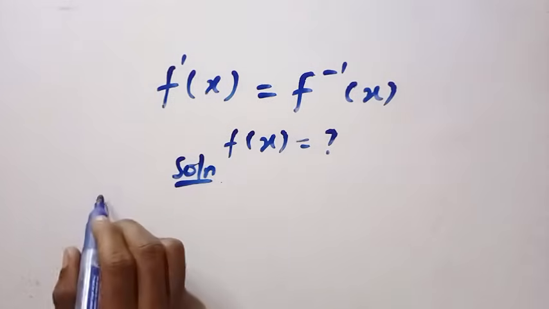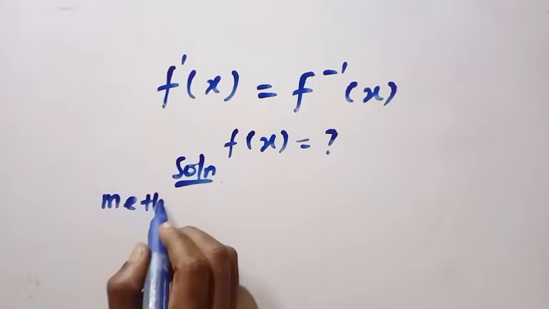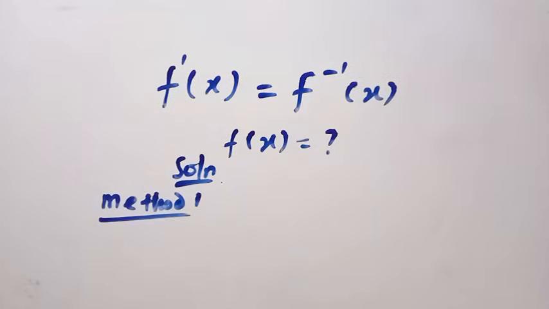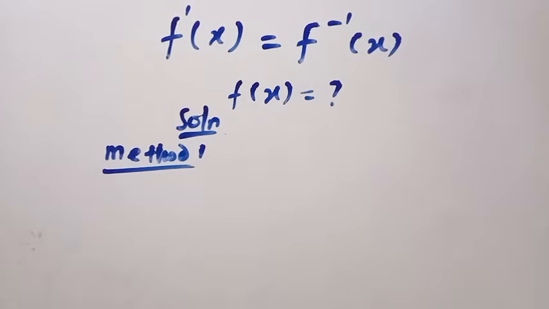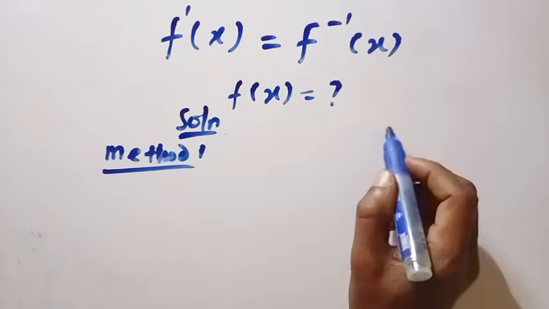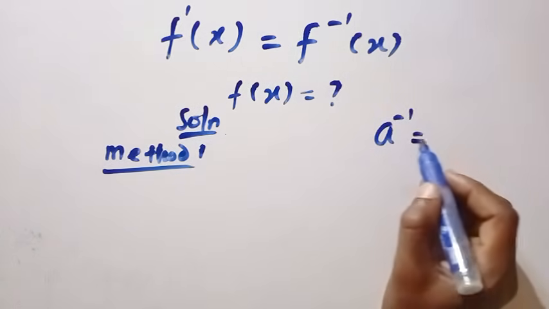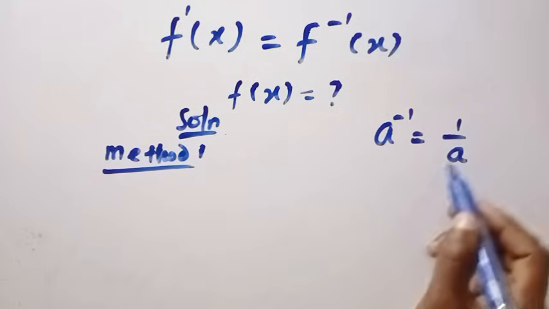Considering the solution, here is method 1. So in this first method, let's note that if you have a raised to power minus 1, this gives us 1 divided by a.